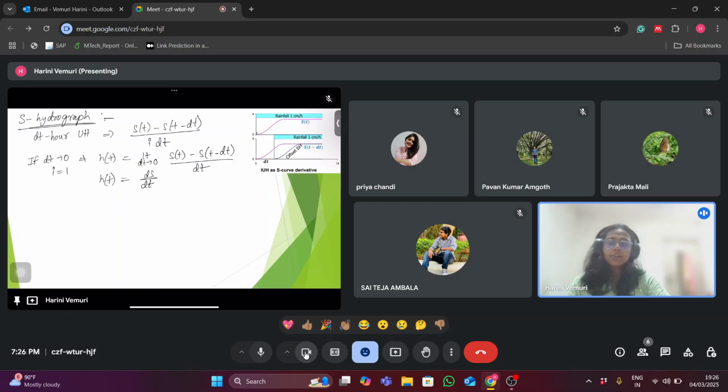If the S hydrograph is derived from a unit hydrograph of excess rainfall of 1 centimeter per hour, the slope of the S hydrograph will give us the instantaneous unit hydrograph ordinates. That's what we have derived.